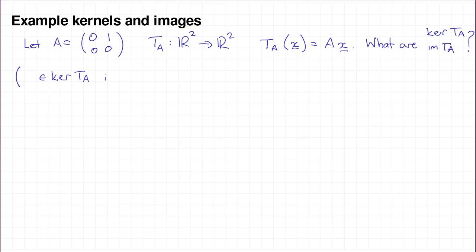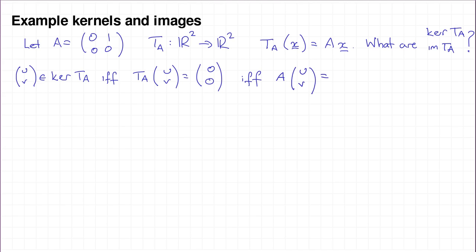So a vector in R squared looks like this. It's got two components, u and v. So this is in the kernel of TA if and only if TA of (u, v) is equal to the 0 vector in the codomain, which is just the height 2 column vector (0, 0). And that's true if and only if A times (u, v) is equal to (0, 0).